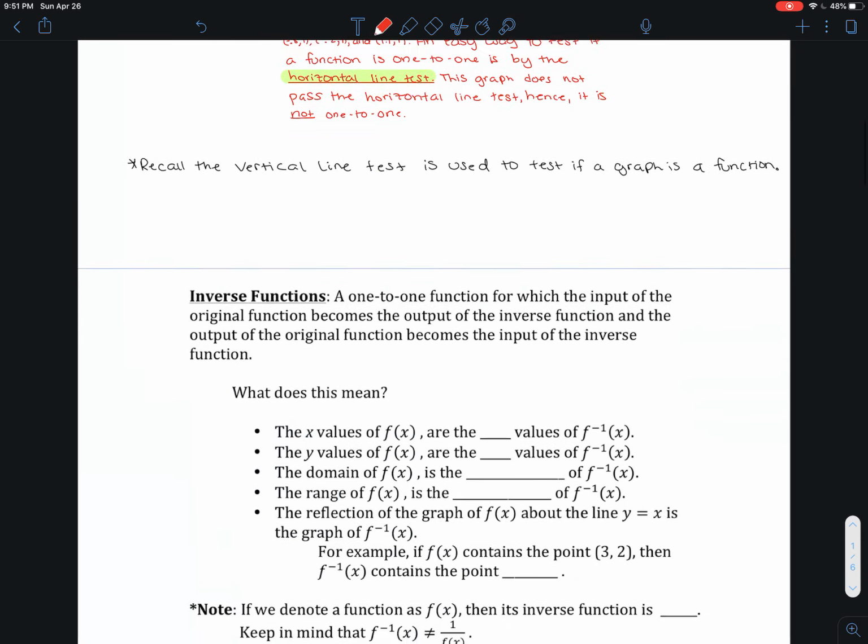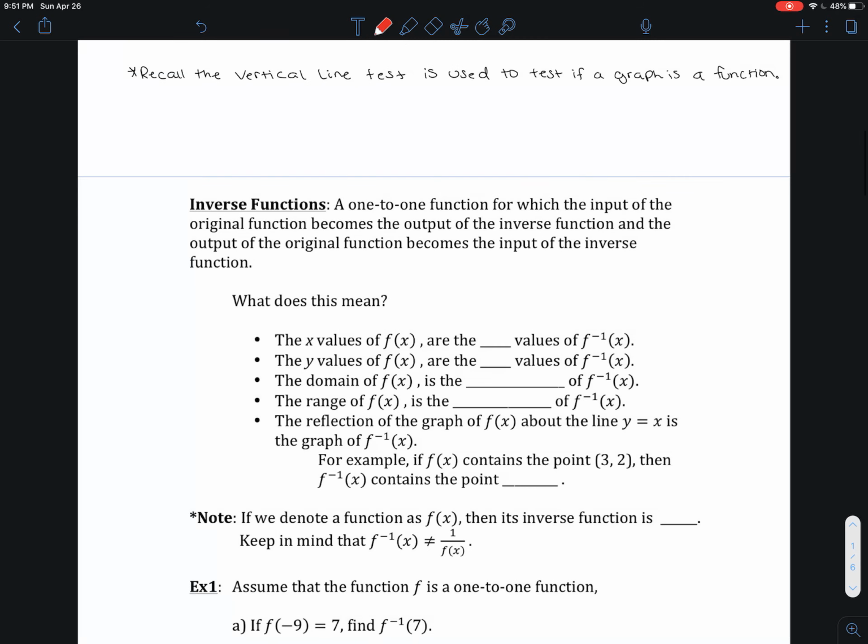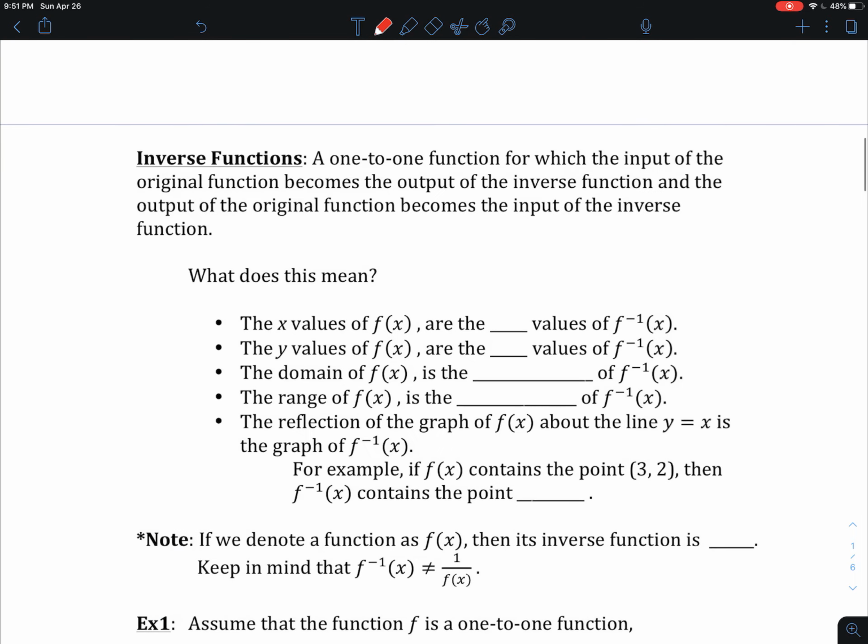Let's move on to inverse functions. The reason one-to-one functions are special and important to study is that one-to-one functions have inverse functions. You're going to see why inverse functions are important. So what is an inverse function?